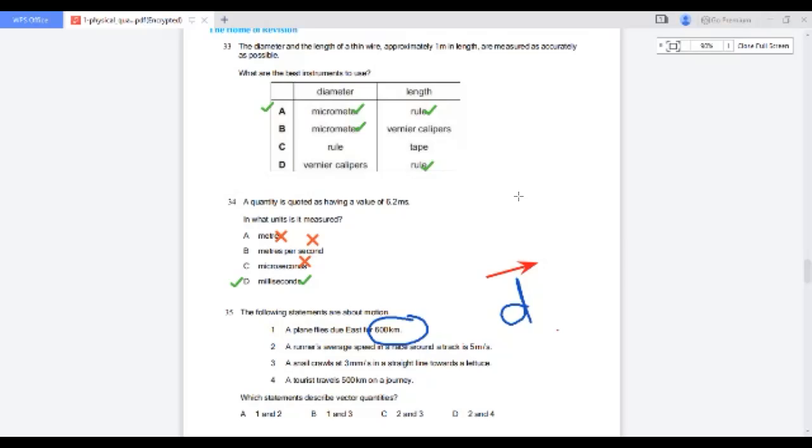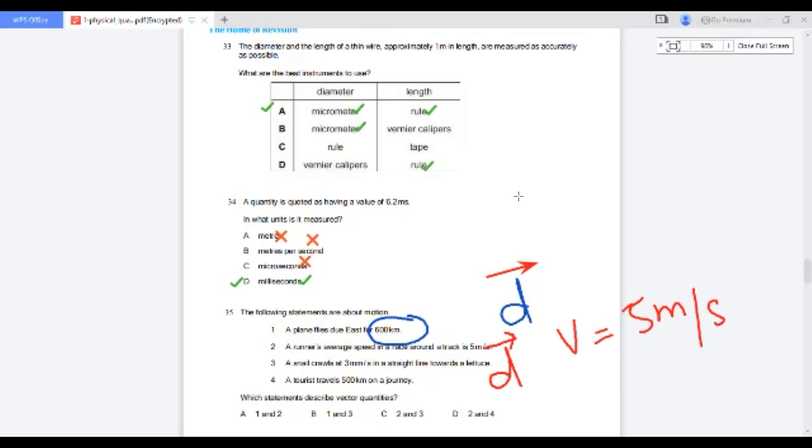So it's speed only, 5 meters per second. A snail crawls 3 mm per second in a straight line towards a lattice. So again it looks like displacement because direction is also mentioned.